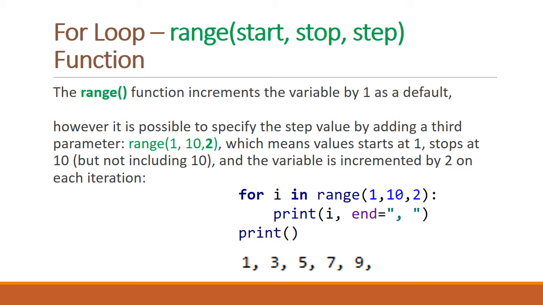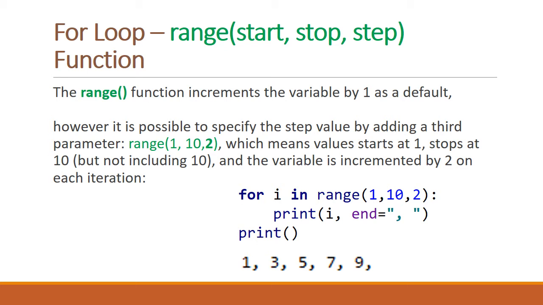We print 7. i is incremented again by 2. i is equal to 9. We print 9. i is incremented again by 2. i is equal to 11. Therefore, i exceeds the stop value. That terminates this for loop, and the statement directly following the last indented statement, which is a print statement, is executed.